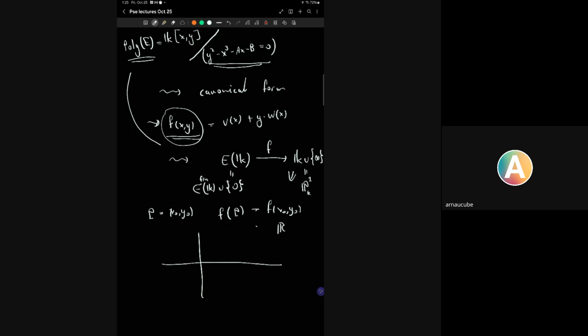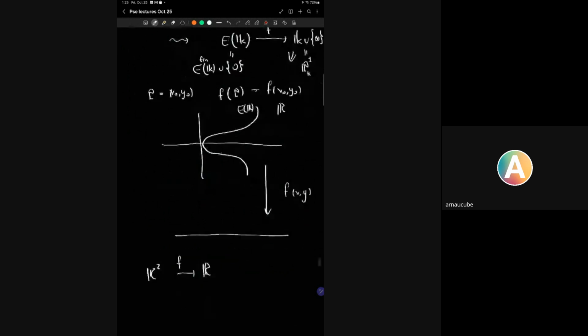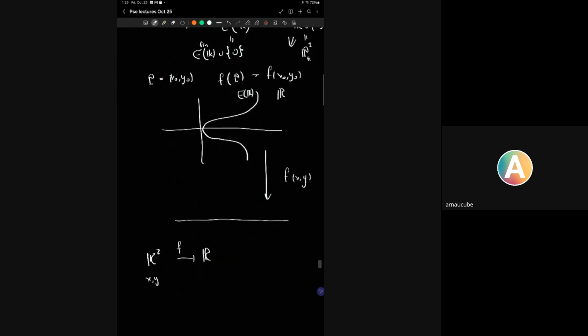So that's polynomials, and the intuition, let's say again, we go back over R. I have this curve E of R, and if I have some polynomial f(x,y), it defines a map. Typically f(x,y) defines a map from R squared to R. Right? You take a point (x0, y0), and you substitute in f.